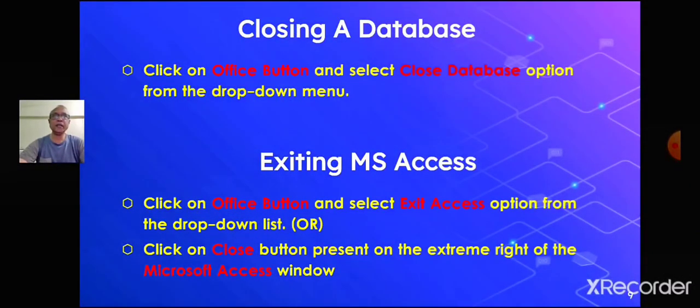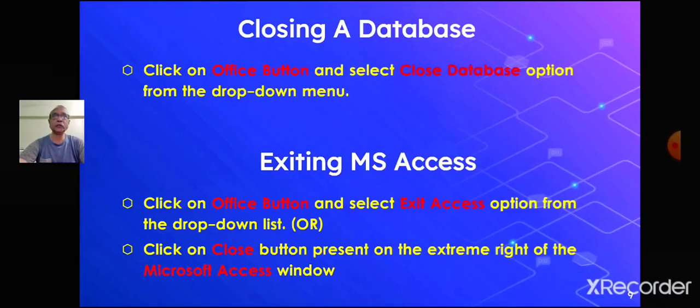Now we will see how to close and exit database in Access. After finishing the work in MS Access, you can close the database. For this, click on Office button and select Close Database option from the drop down menu.